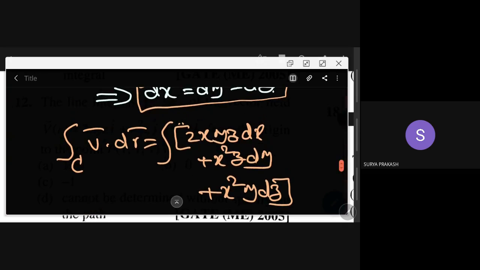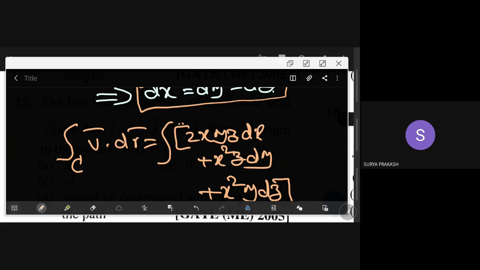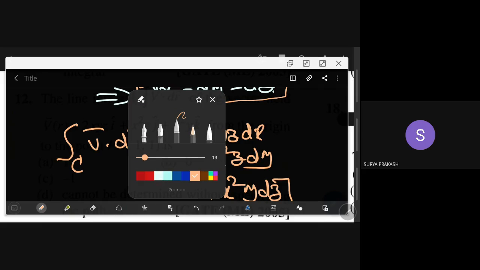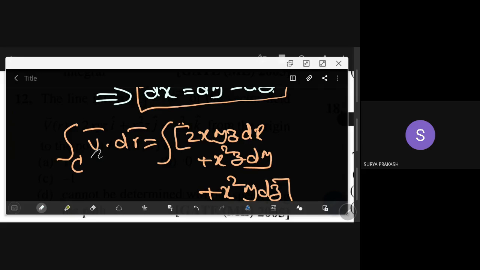We are integrating V bar dot dr bar along this line C. How is this C described? This C is described by a line connecting 0, 0, 0 to 1, 1, 1.